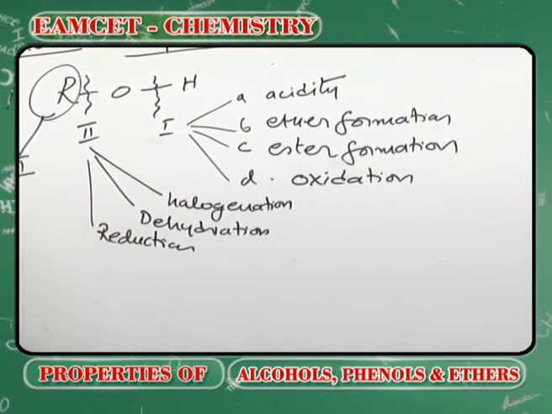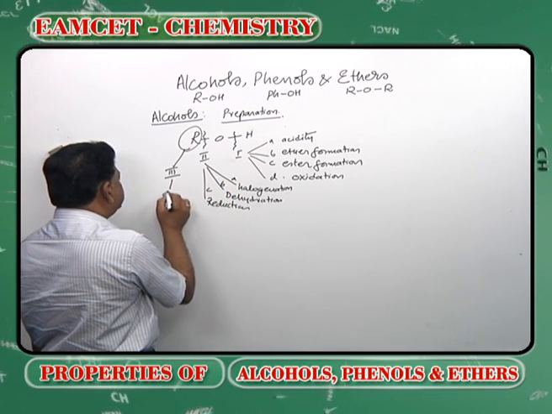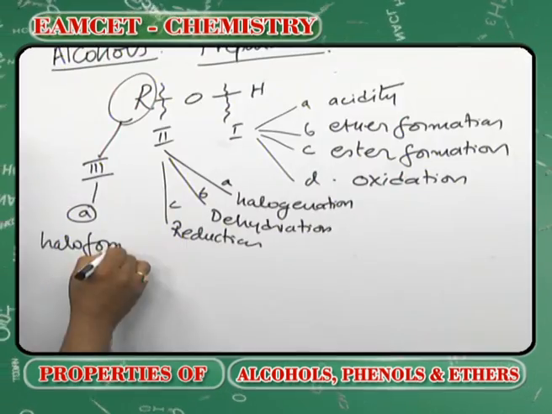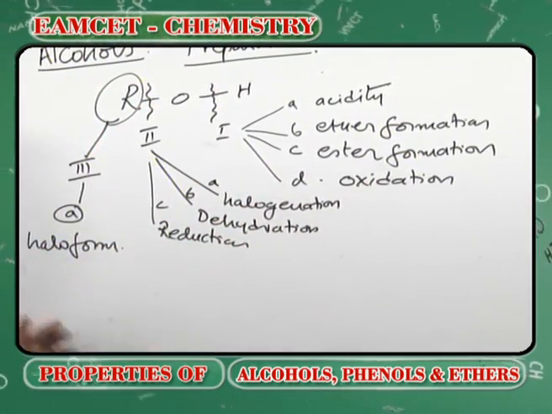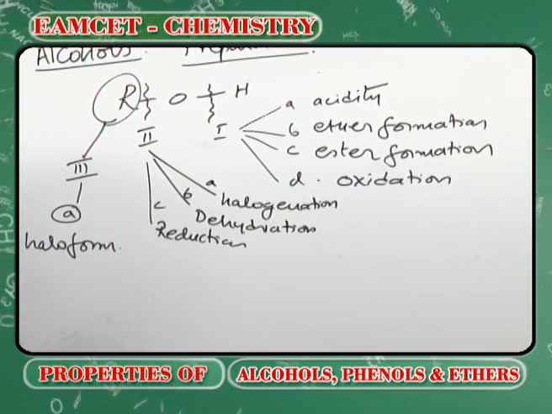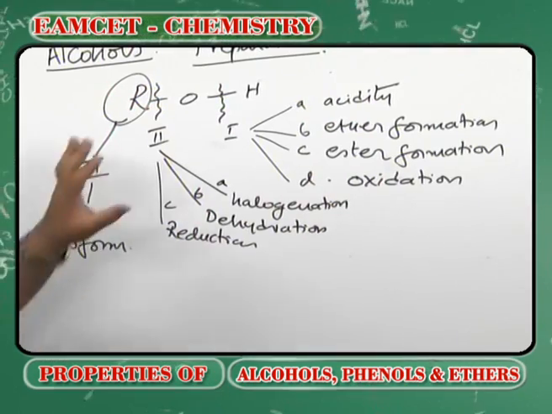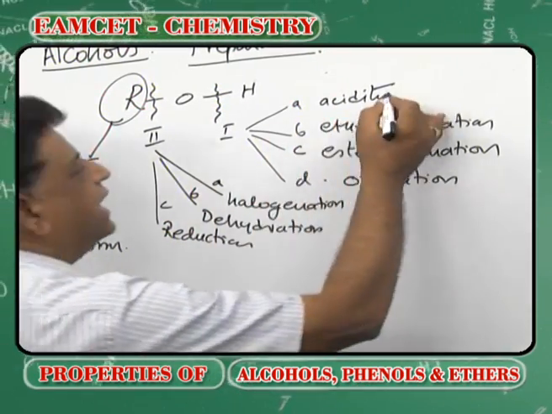In the third type there is only one reaction, that is the haloform reaction. So totally we are going to see 4 plus 3, 7, plus 1, 8 fundamental reactions. If you are thorough with these 8 types of reactions, I think most of the properties of the alcohols are covered. Now let us go to acidity.